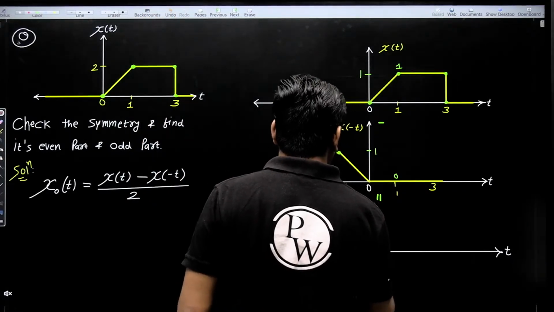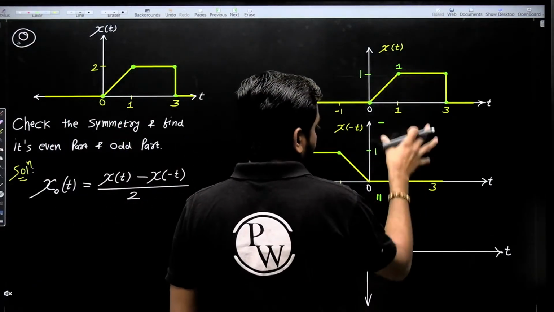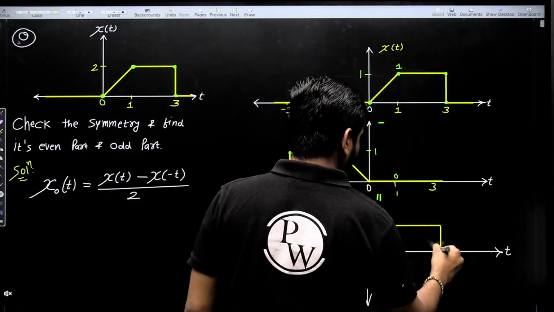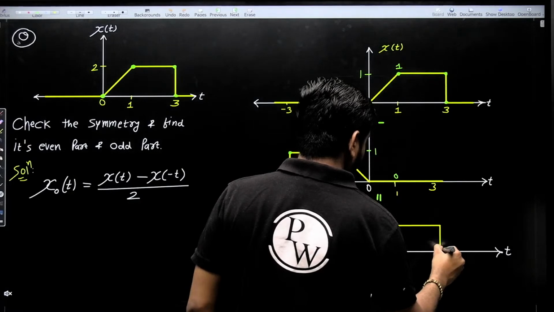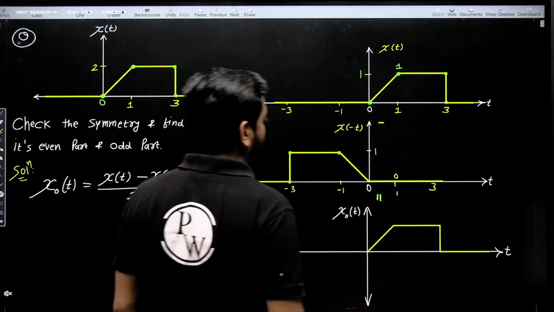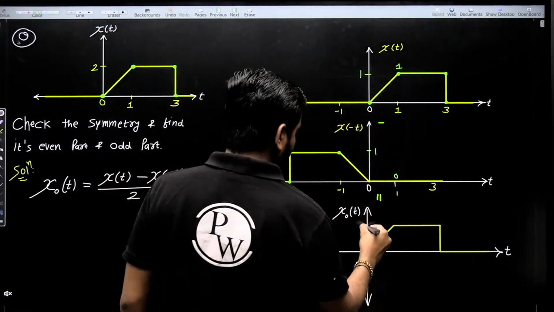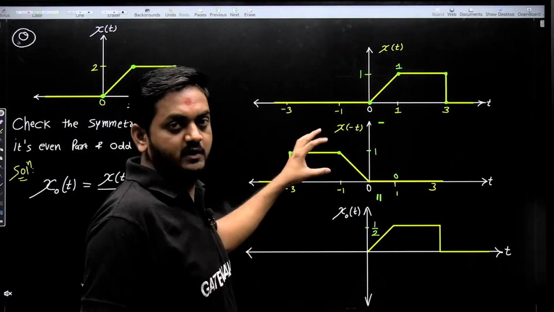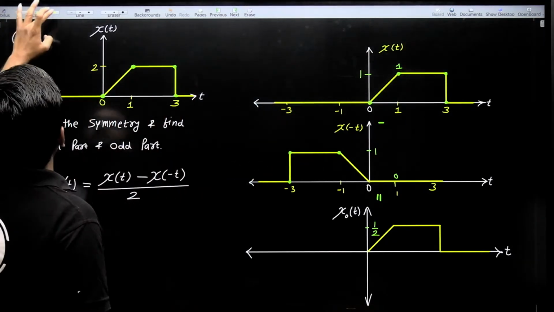The odd part. So this minus this, again amplitude is half. Here amplitude is 1, it will be 1 by 2. Now this 0 minus 1 will be minus 1, guys.